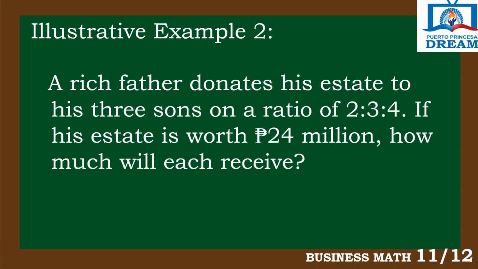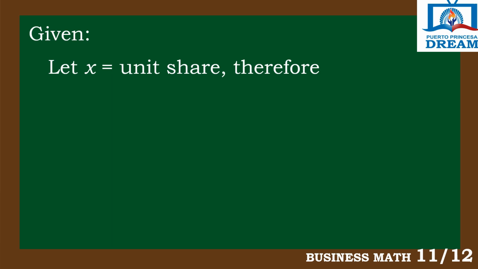Illustrative example 2. A rich father donates his estate to his 3 sons on a ratio of 2:3:4. If his estate is worth 24 million pesos, how much will each receive? So this is the given. Since the ratio is 2:3:4, let x be the unit share.